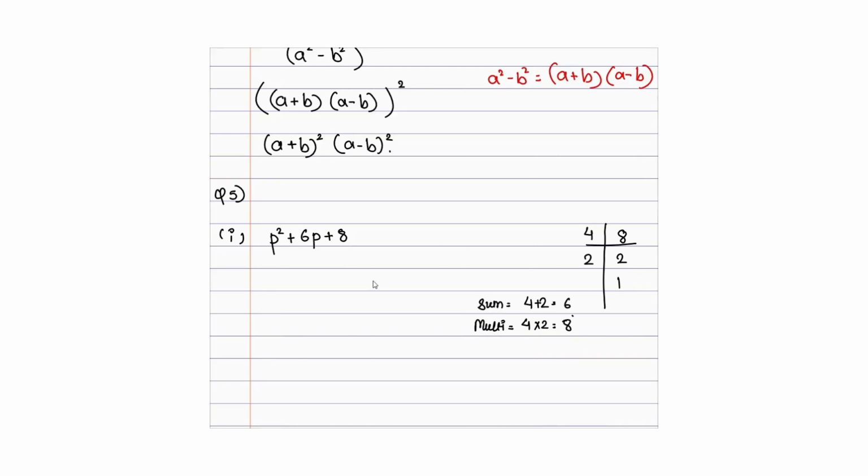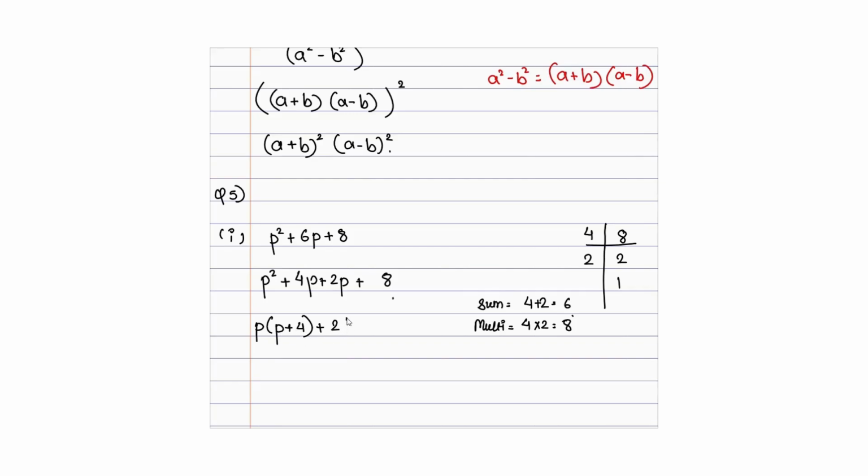8, right? It means we can use the formula. That is p square plus, 6p will be actually 4p plus 2p, and this 8 will remain the same. Here I can take p as common. What will remain inside the bracket? P plus 4.